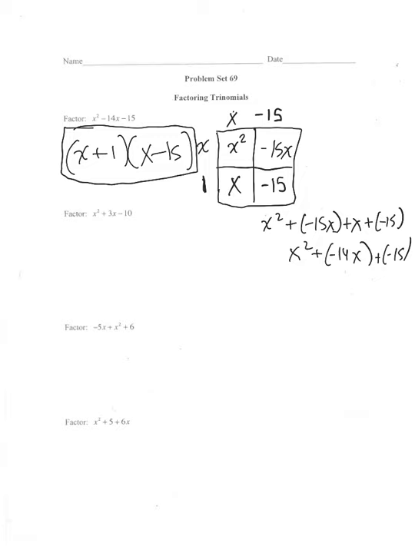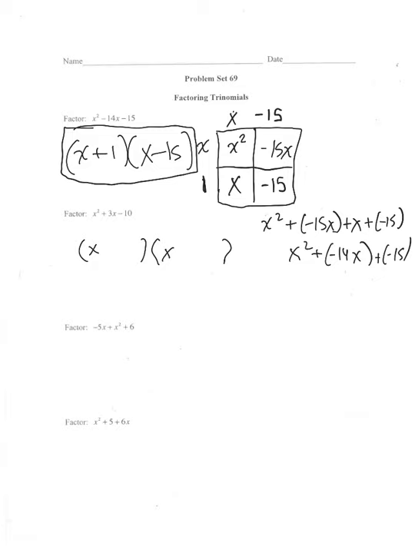Another way to think about this that I often do is saying, okay, I know that I'm going to look for two binomials when I'm factoring, so I'm going to just set them up. This is just a different technique. I know that my first term is going to be x because x times x gets me that x squared. And now it's a little bit of a game because we need two things that multiply to be negative 10, which is our last term, and add to be positive 3.